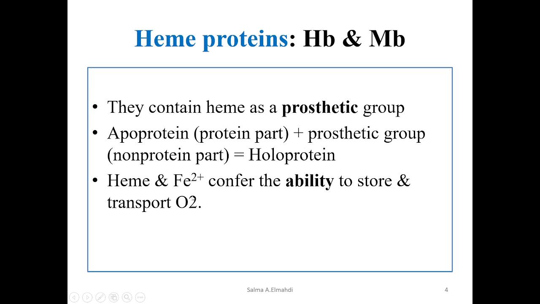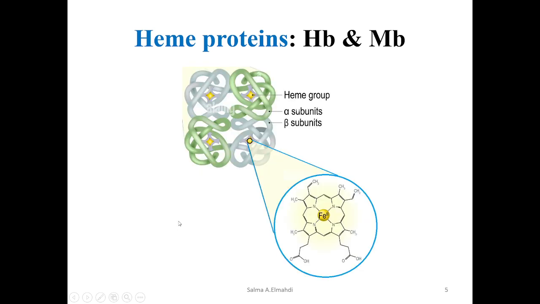Heme and iron together confer the ability to store and transport oxygen. So heme and iron are both important for the function of myoglobin and hemoglobin. This is a hemoglobin molecule, and these are four prosthetic groups, heme groups.